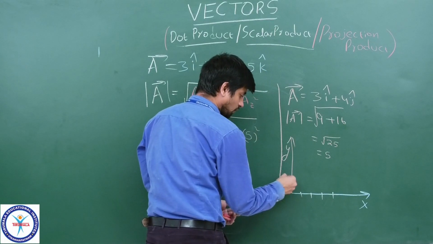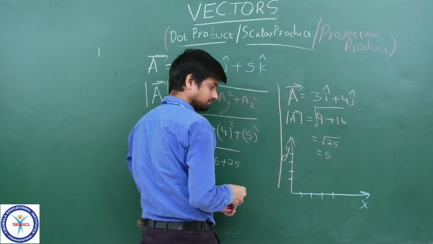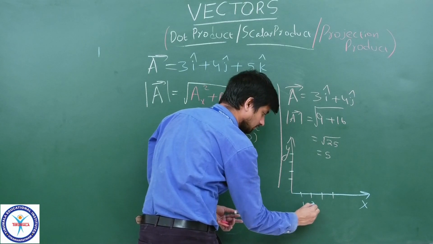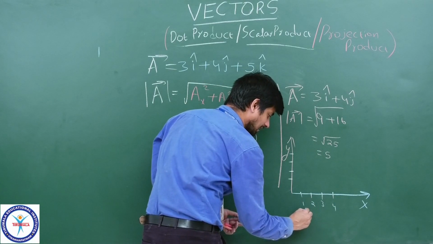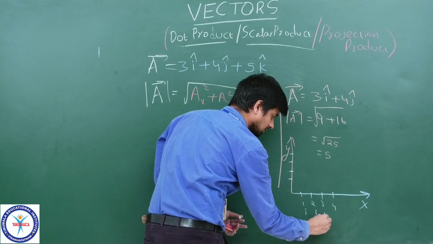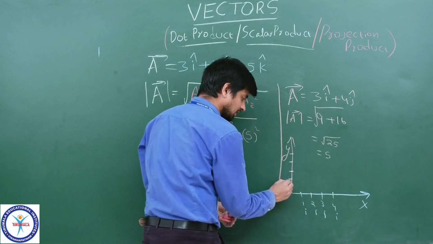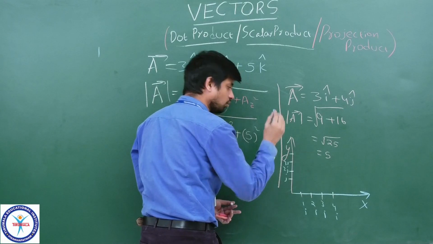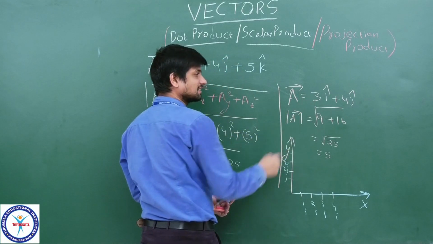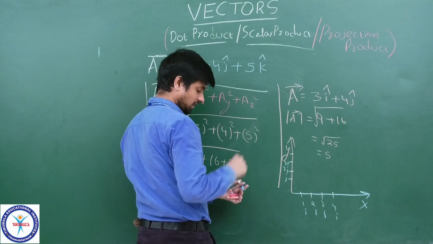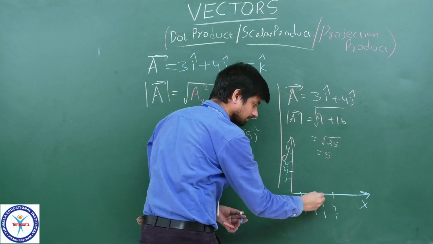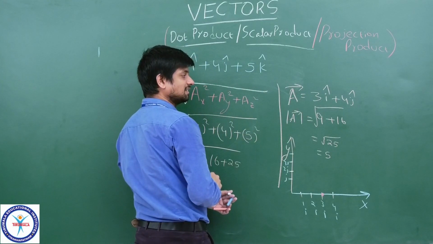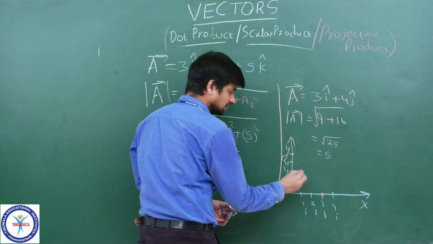I am writing here 1i, 2i, 3i, 4i and 1j, 2j, 3j, 4j. So on the x-axis, how many i's do we have? 3. On the y-axis, 4 j's.